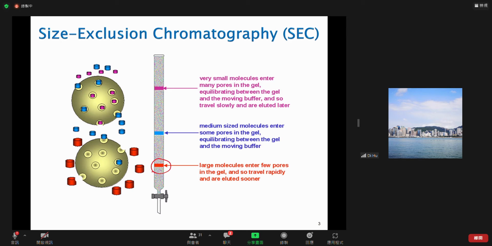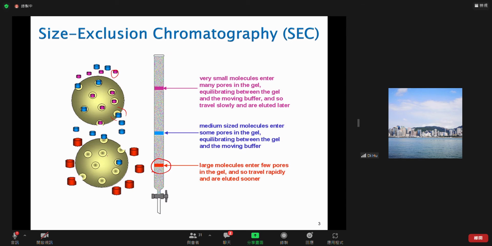For the very small ones, like the pink ones, they enter many pores in the gel, equilibrating between the gel and moving buffer. So they travel slowly and elute later. How about the medium-sized ones? They can enter some of the pores, but some are too small to get in, so they come out in the middle.